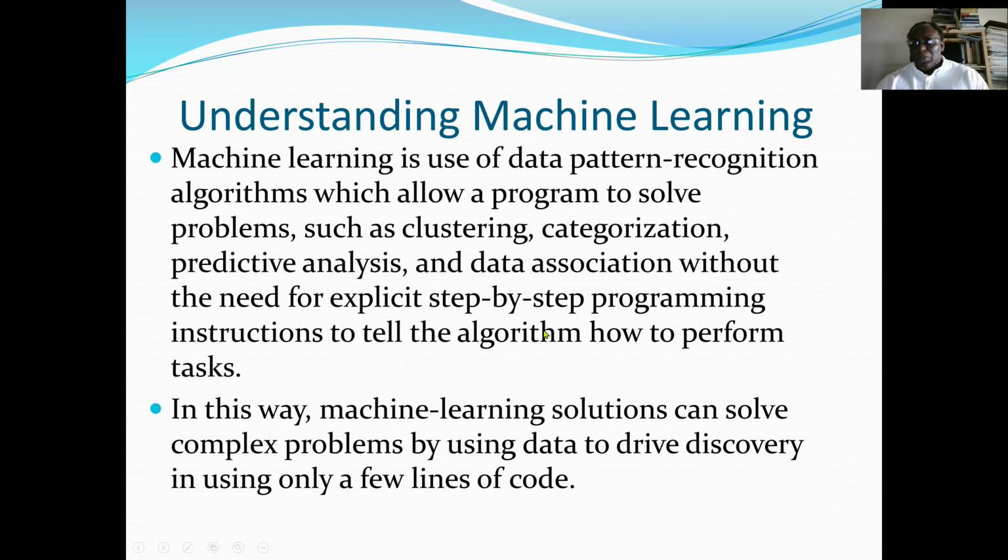So the main objective is to use a machine learning algorithm. In this case, the software will learn by doing the work. By feeding it more data, it will be learning the patterns.